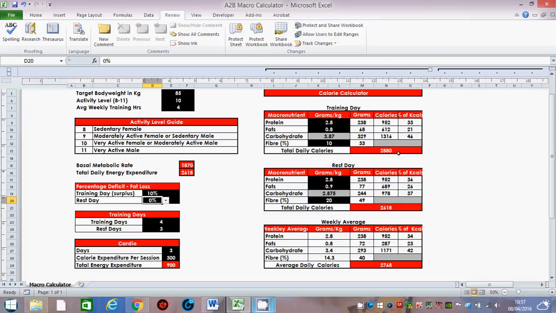And as you can see, that would completely change my target straight away. So I'd be eating a lot more on training days and still quite a bit on rest days. So it's a good baseline calculator. It gives you an idea about where you should start from, and then you can just monitor and adjust based on that. So take into account how your body's changing each week, so you can adjust for the following week.